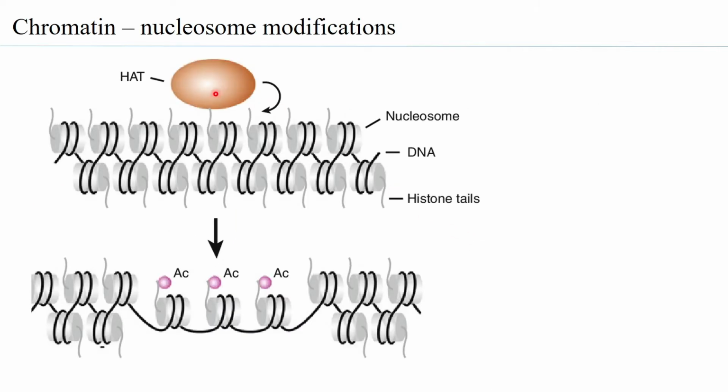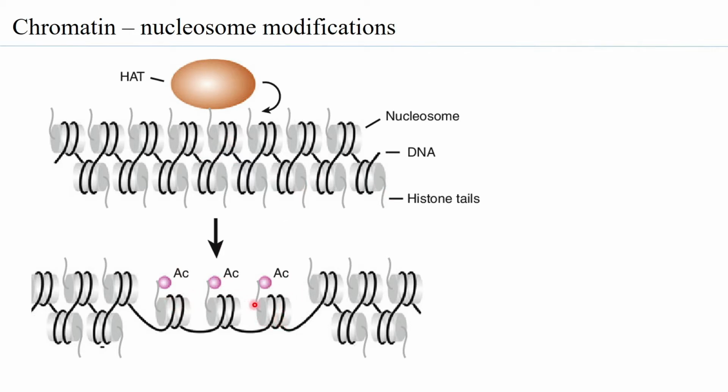Now let us, for example, take a look at one of the modifications, which is acetylation. So you have histone acetyl transferases. These histone acetyl transferases are able to specifically bind to certain residues on histone tails at certain positions of the chromatin and acetylate the nucleosome. So here you can very well see that the nucleosomes have been acetylated.